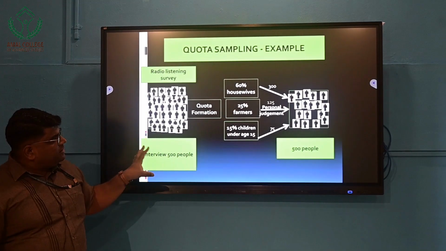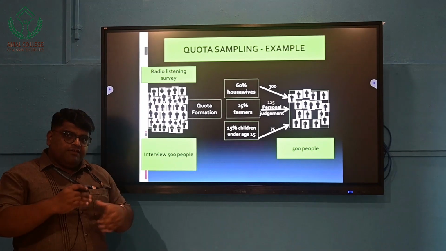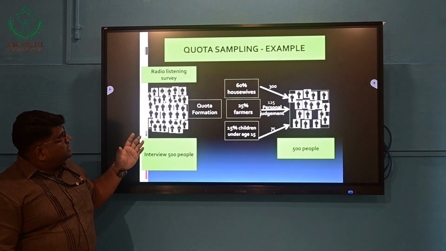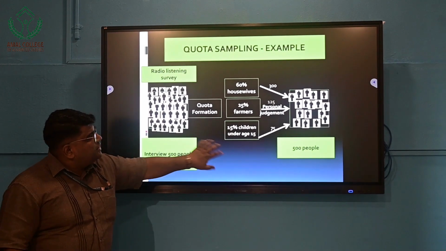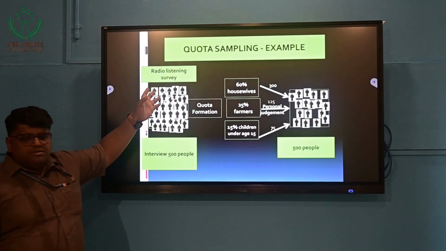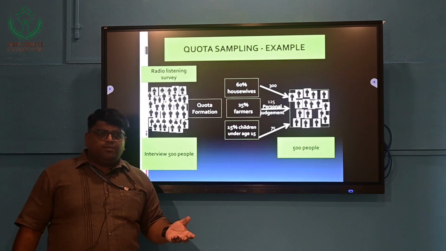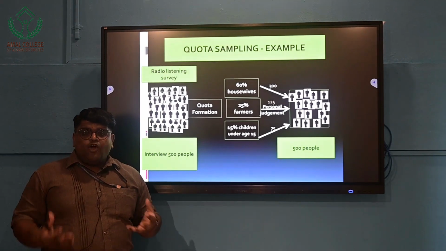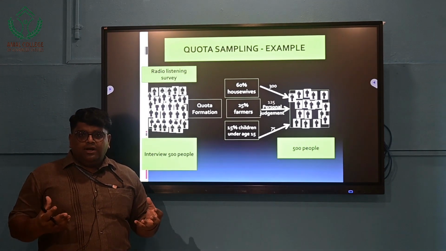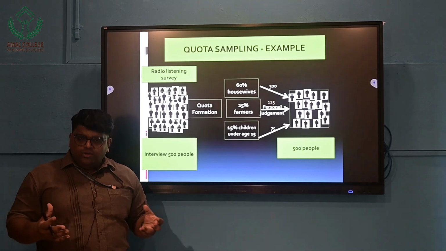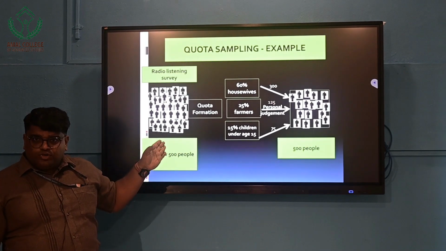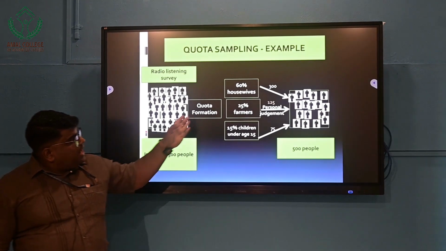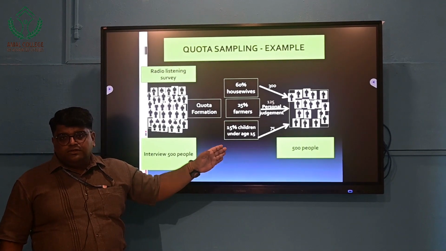Now this particular example we can again modify. Suppose the topic is something else. Instead of radio listening, suppose I want to know the economic status of people living in a particular city or taluk or municipality. Then on the same process, on the same mechanism, I can allot different quotas to different groups.